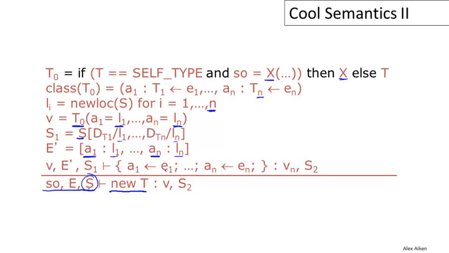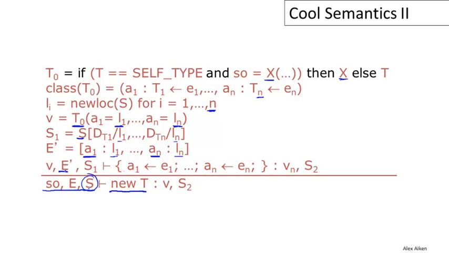And then finally, to evaluate the initializers, we just evaluate them as a block in the order in which they appeared in the class definition. And this is why it was important to specify the order. Remember that these attributes include all the inherited attributes. So we'll start by initializing the attributes of the greatest ancestor and working our way down to the attributes declared within the class itself.